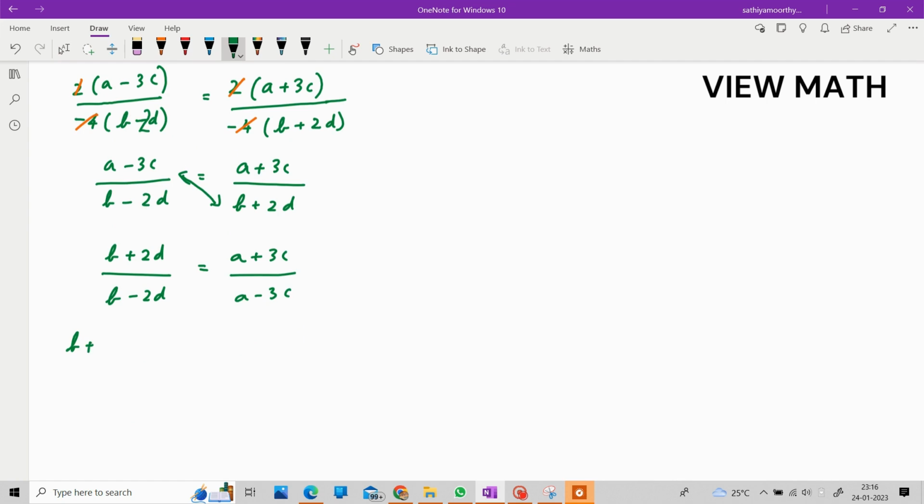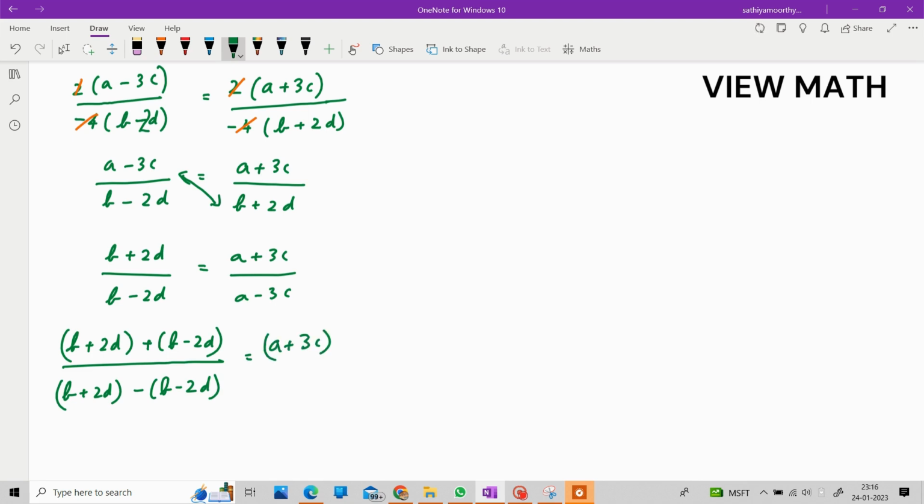So b plus 2d plus b minus 2d divided by b plus 2d minus b minus 2d is equal to a plus 3c plus a minus 3c divided by a plus 3c minus a minus 3c.